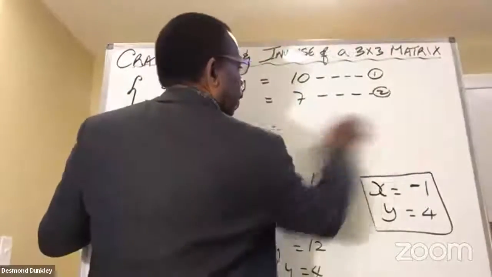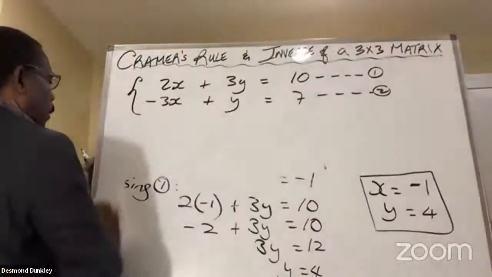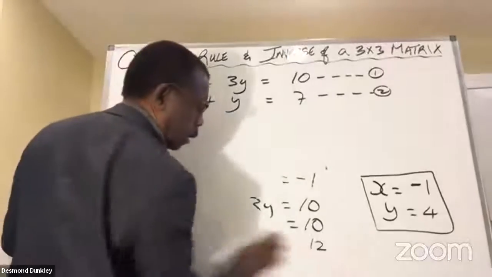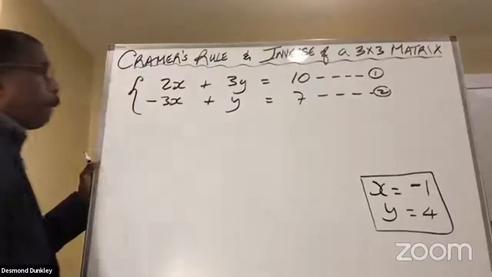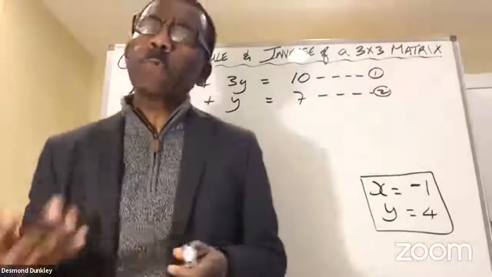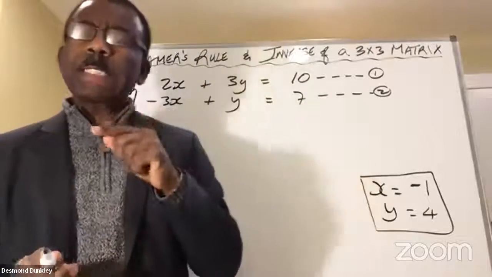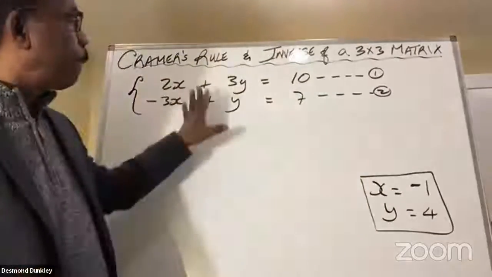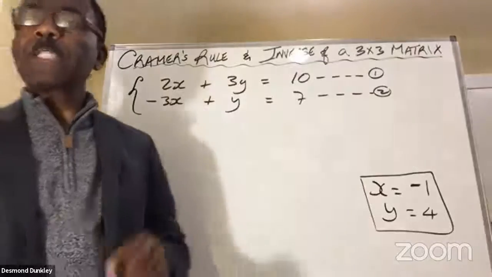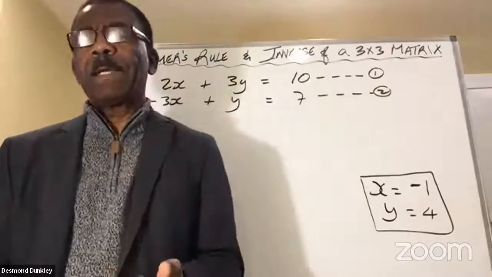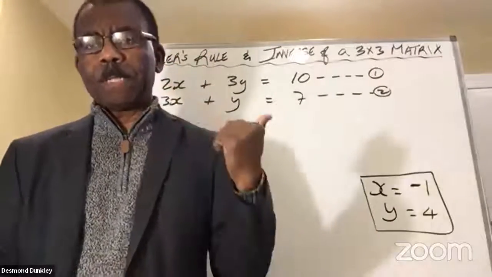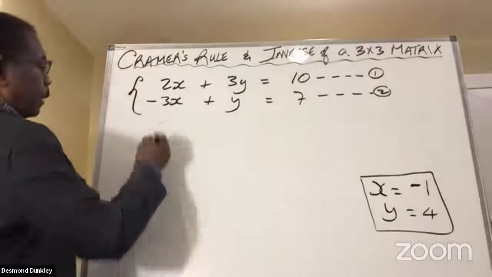Basically, what Cramer's rule says is that the solutions can be obtained for this system of equations by just using the determinant of 2 by 2 matrices. So here we go.